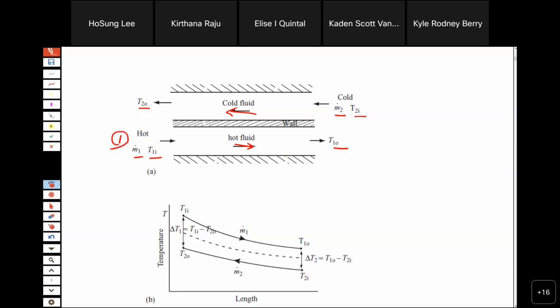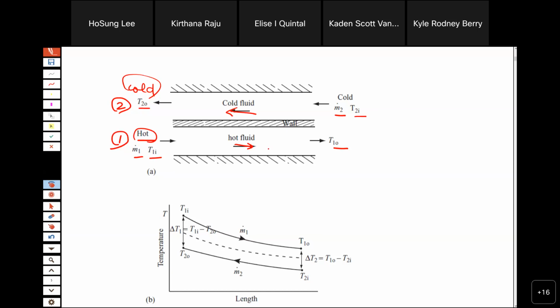So what I did in this textbook: 1 is hot, and 2 is cold, relatively. Always put the hotter fluid into subscript 1.